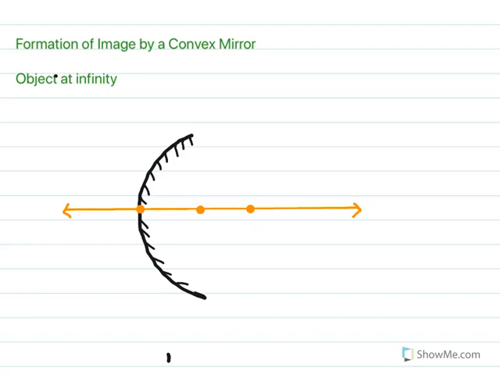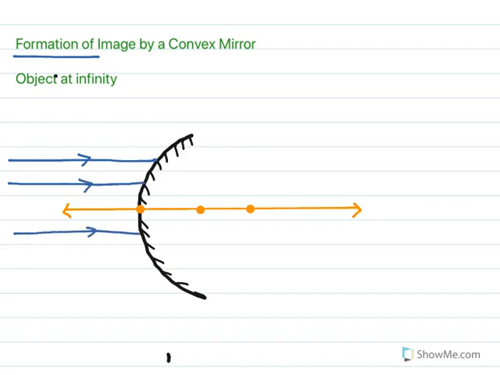Now that we know the rules, let us go to the formation of image of a convex mirror. What when the object is at infinity? If the object is at infinity, it means the rays will come parallel to the principal axis. Like the sun is an object at infinity, very far away, the rays come parallel. And let us mark our pole, this is the focus and center of curvature.